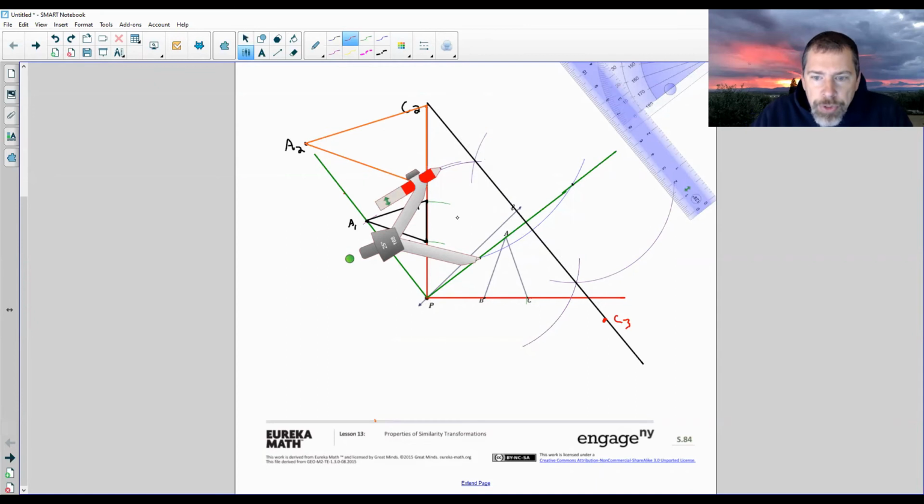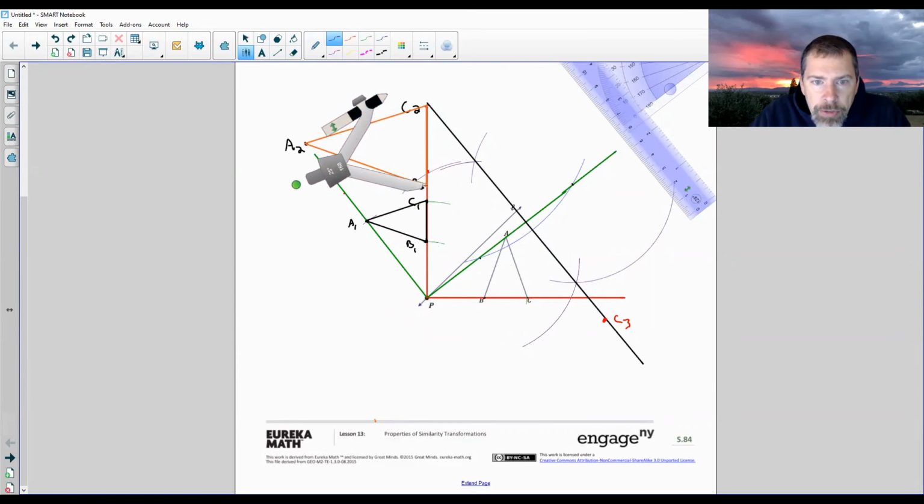Okay, and I'm going to repeat that process 2 more times. So now I have to do B. So you put your compass, let's turn it back to black, I guess. Put it right on B2. Not cooperating. There we go.